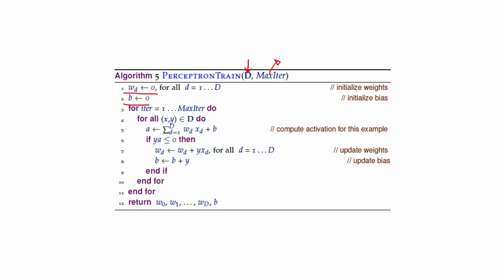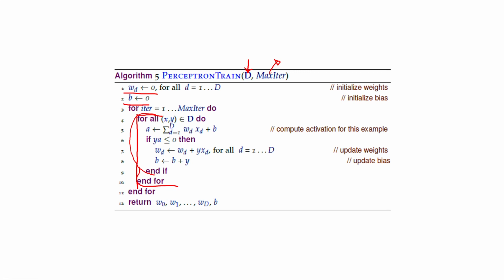So the max iteration here is just, so here's the main training code block, and then we're just going to repeat this block based on the iterations we have set here.